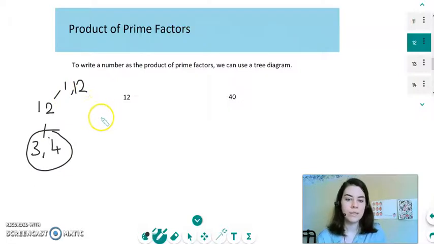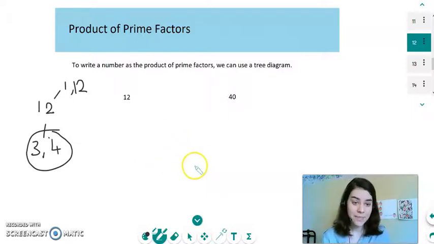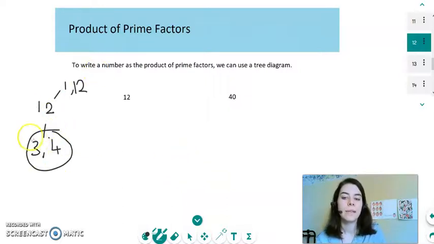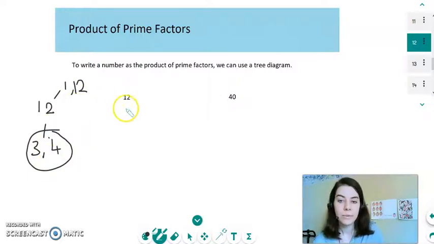The reason for this will become clearer as we go on, but if we kept picking 1 and 12, we could infinitely pick 1 and 12 and never get to a smaller number. We'd just keep going 1 and 12, 1 and 12, and then we'd never find a prime. So we always want to pick the number that isn't paired with a 1 or itself. So here we're going to go with 3 and 4.